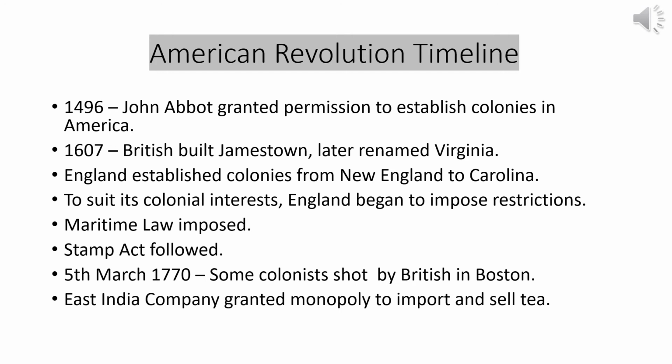On 5th March 1770, some people were shot down by the British soldiers in Boston, a port city in Massachusetts. The British Parliament had granted monopoly to the East India Company to import and sell tea to the colonies.